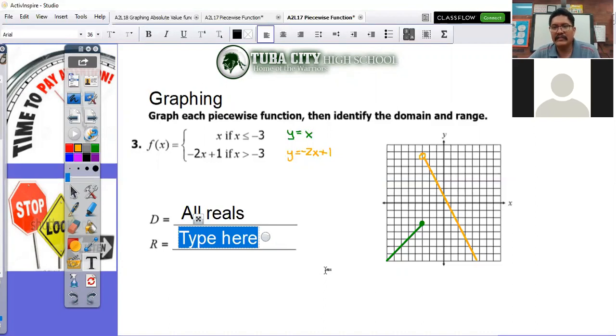We have no function lines above that area. So we don't have a full range of y values. We can only pick y values that are less than, in this case, what seems to be 6.